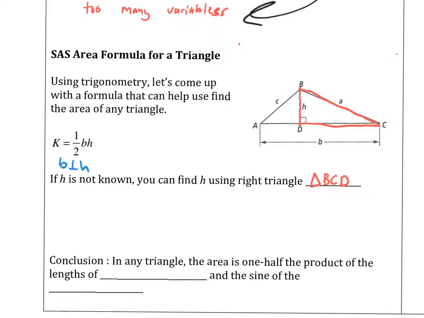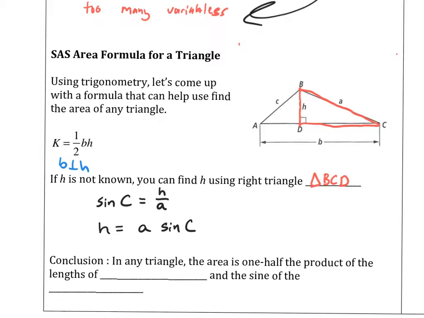So, using that triangle, if I know this angle, this is opposite, and this is hypotenuse. So, relative to angle C, opposite over hypotenuse is H over A. And if I want to get H by itself, I just multiply both sides by A.